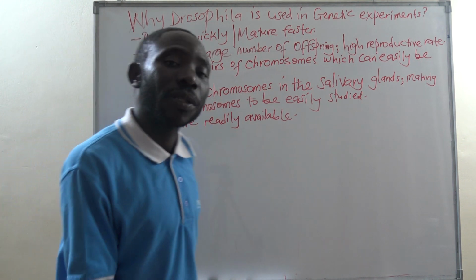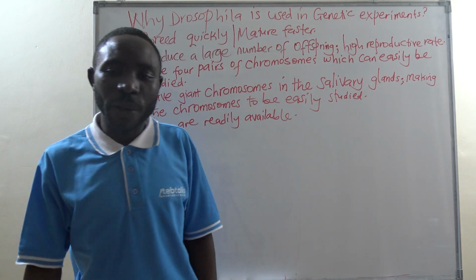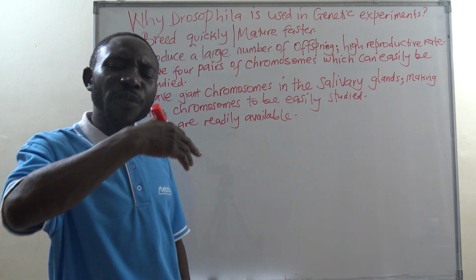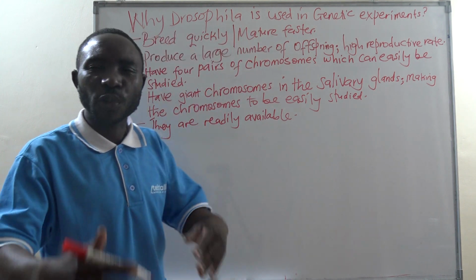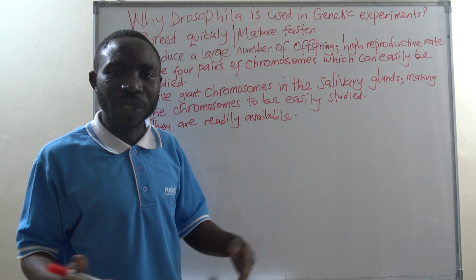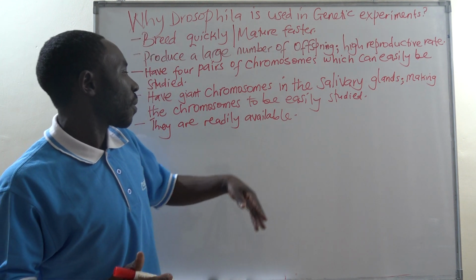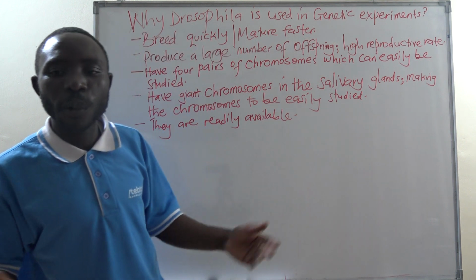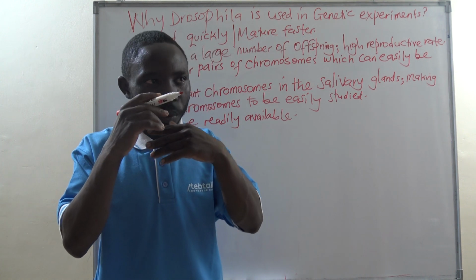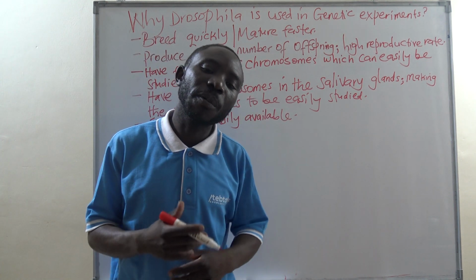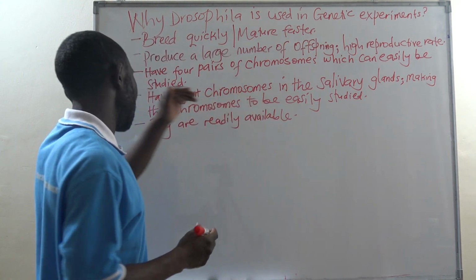Even now, if you want to get Drosophila, simply prepare matoke or any food, and then just leave the utensils in the kitchen. You'll just see Drosophila around those unwashed utensils. Also, if you want to get Drosophila, simply get unripe banana, provide the conditions for ripening, then the Drosophila will begin coming to feed on the ripe fruits. So they are readily available.